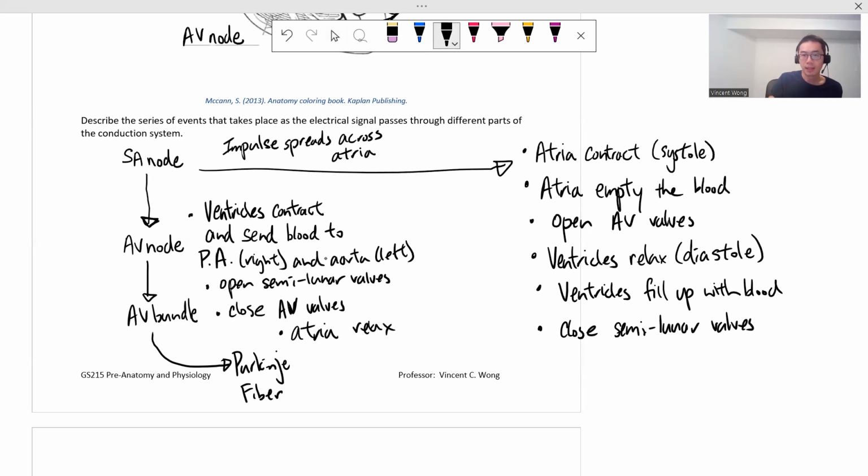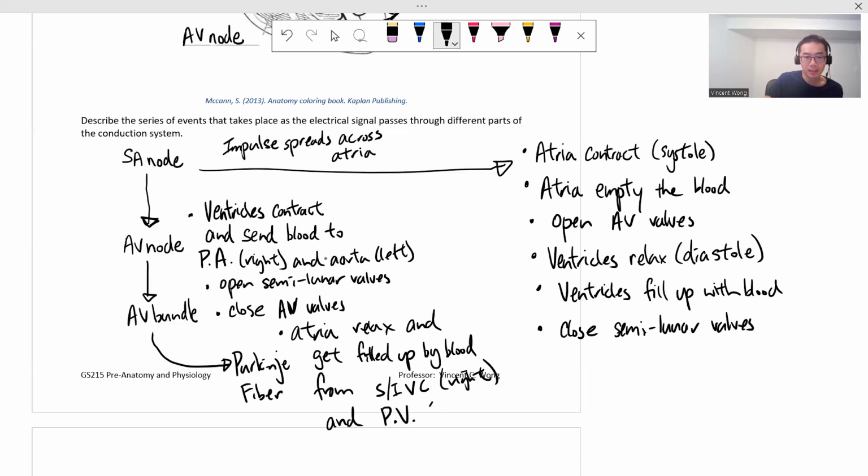It's done. They already finished contracting, right? So relax and get filled up by blood, right? So from superior and inferior vena cava on the right side, and pulmonary vein on the left side.